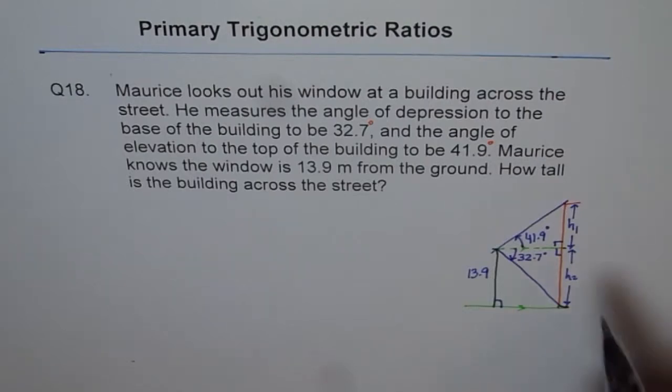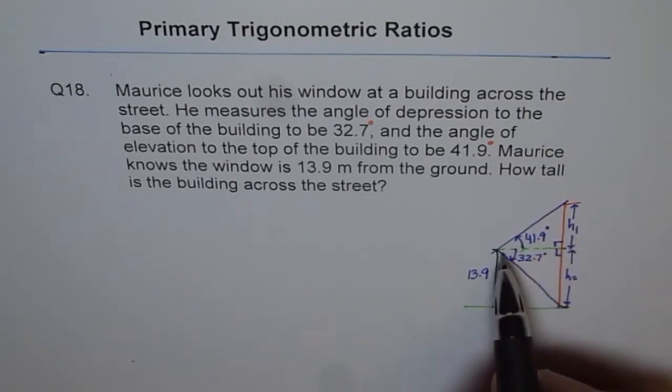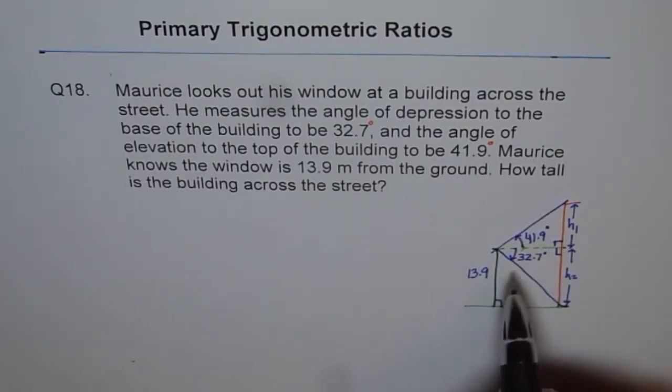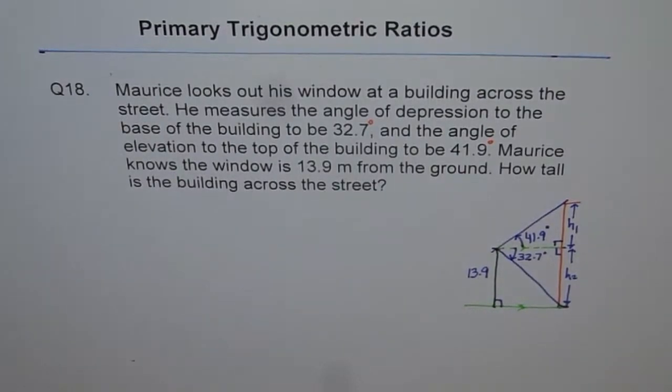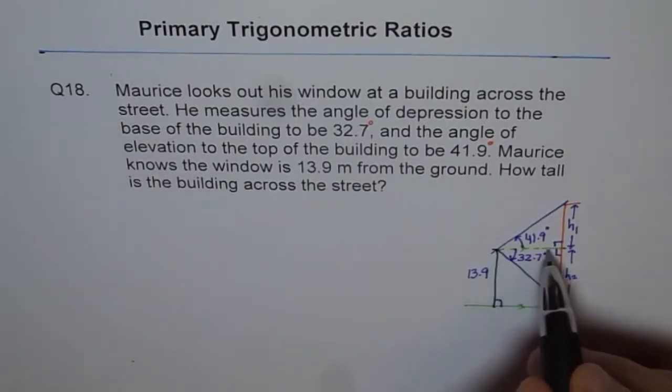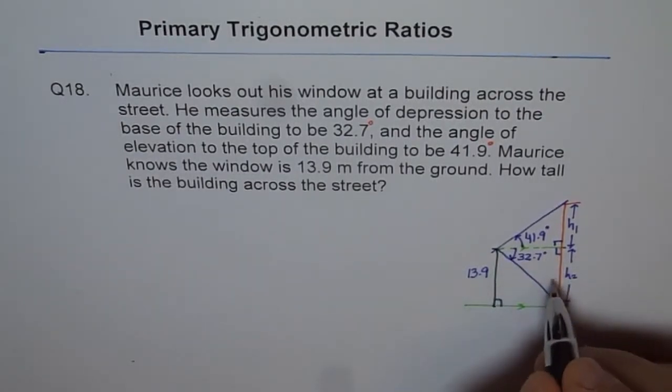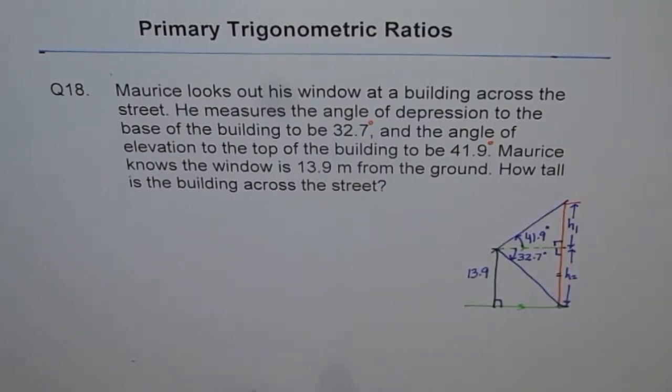Now to figure out this height, we need to find this distance. We know this angle, right? To find this distance, we can look into this triangle. We know the height here, and from here we know the angle, and so we can find this length. So we can use this triangle also. We know 13.9, that means this height h2 is 13.9.